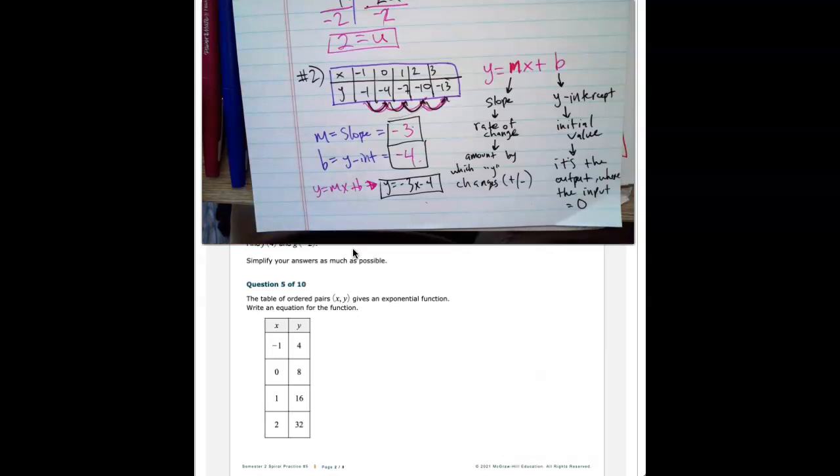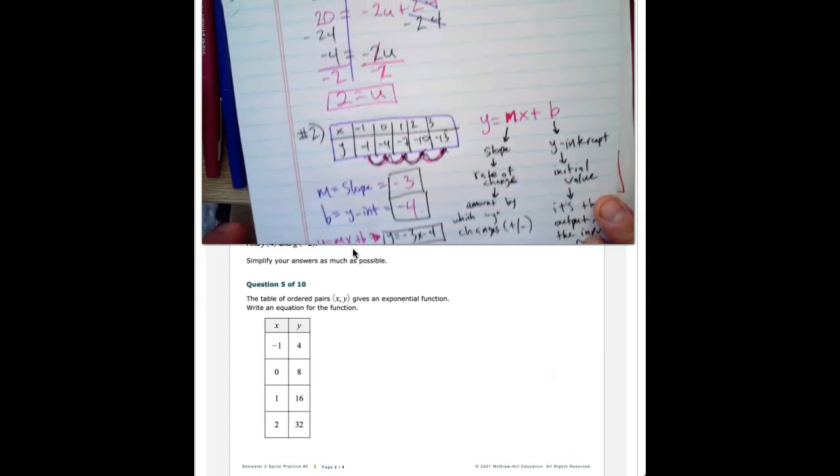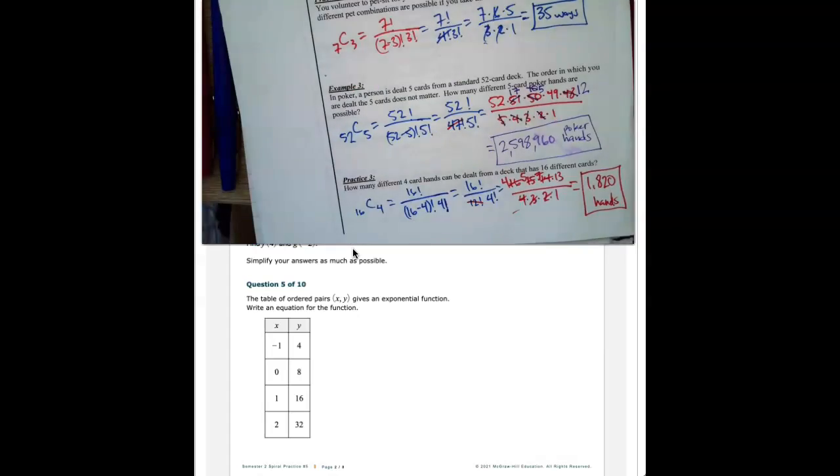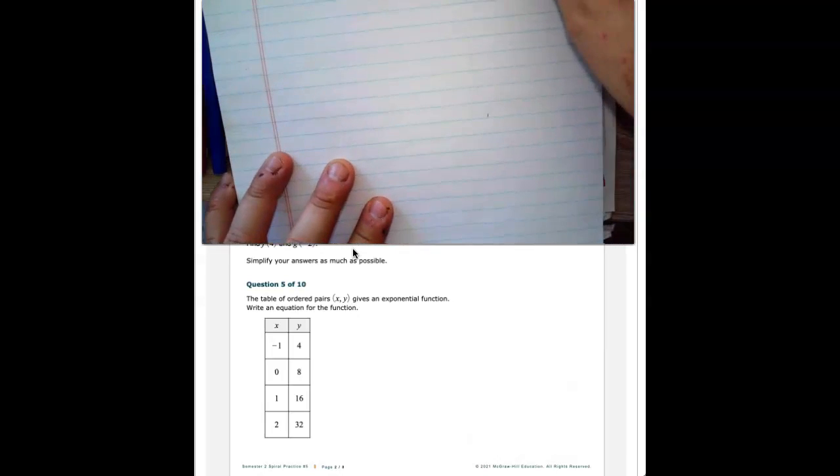I'm kind of out of space here, so I'm going to go to number 3. Remember, we already did number 4. Number 3 is still linear. Notice how it says graph the line. That's definitely still a linear equation.